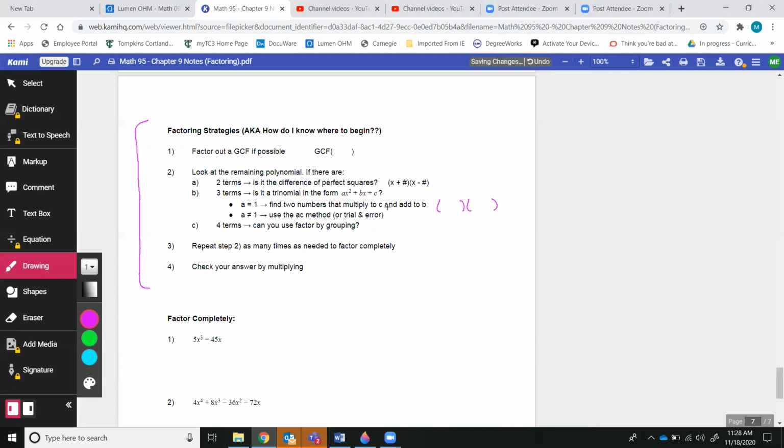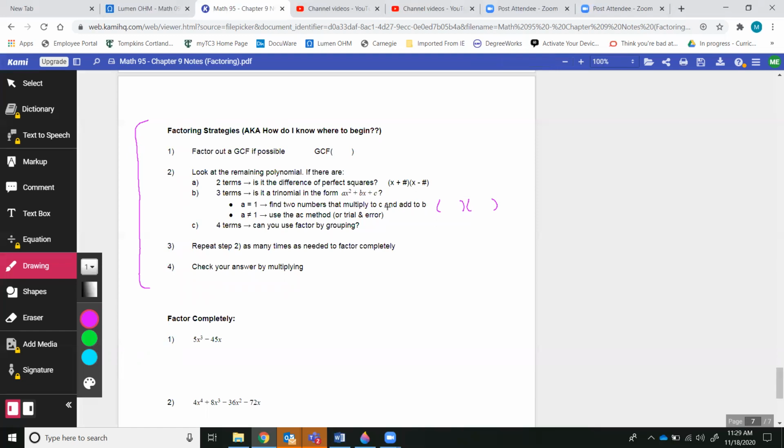If a is not equal to 1, we want to use that method we just learned. And if you have four terms, can you use factoring by grouping? So these are really all the situations that we know how to factor, either difference of perfect squares, a trinomial in that form, or if it's four terms, factoring by grouping.